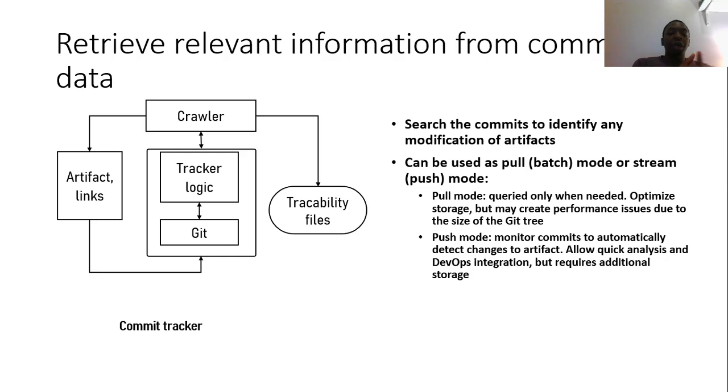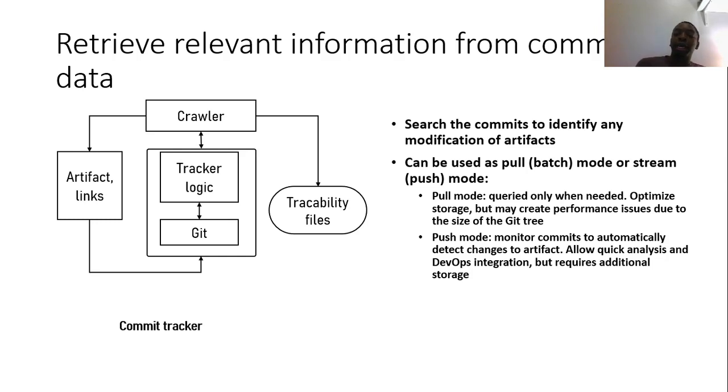So after all this information has been identified, the commit tracker now takes all this information, the artifacts and the links between them, and is able to extract relevant information from the repository. It can be used in two different modes.